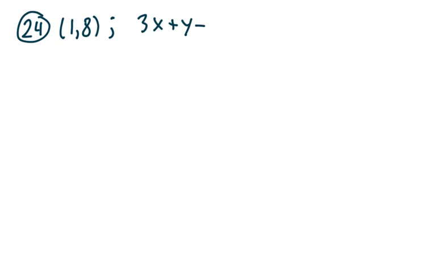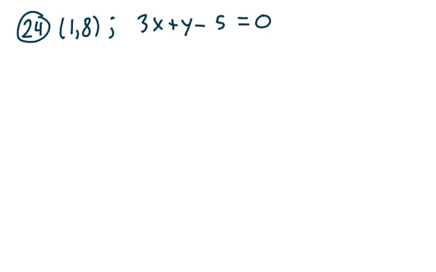Let's take a look at 24. Suppose I have the point (1, 8), and the equation of the line should be written in the form 3x plus y minus 5 equals 0. Your distance will be affected.